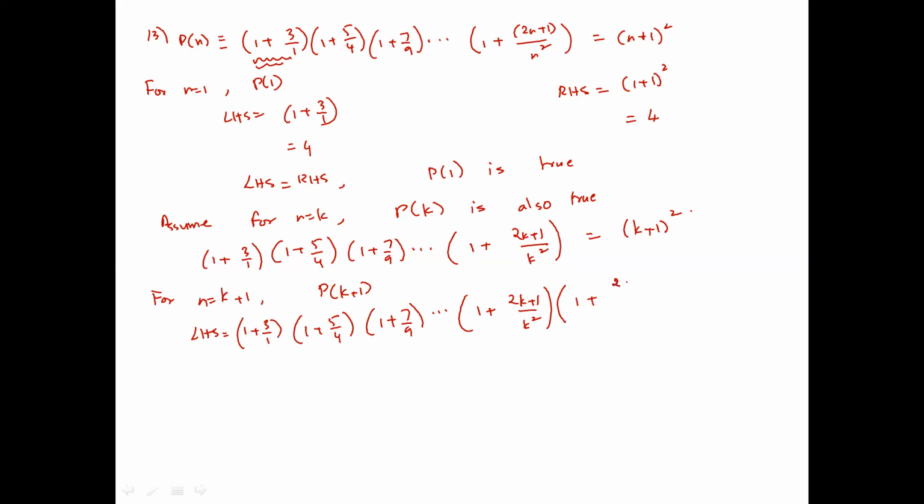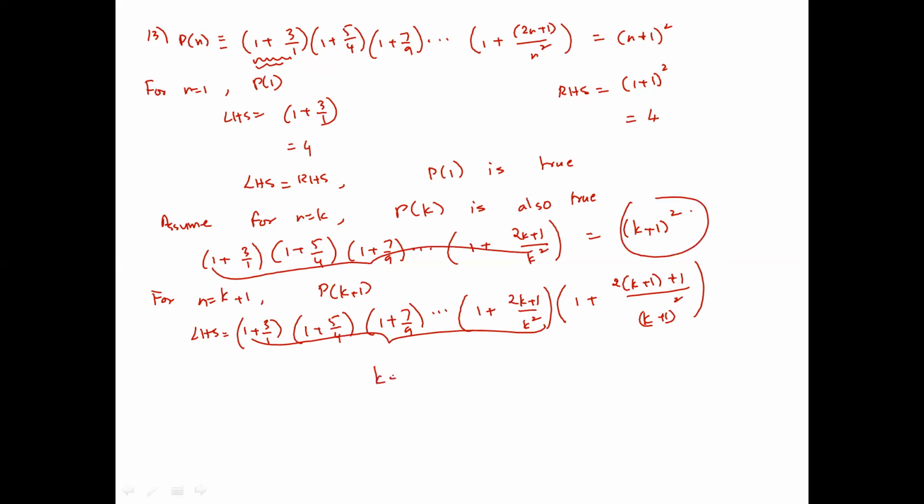So 1 plus 2 into k plus 1 plus 1 by k plus 1 whole square I have. So the first few terms multiplication, you can use P of k and write it as k plus 1 whole square into 1 plus 2k plus 2 plus 1 is 3 by k plus 1 whole square.